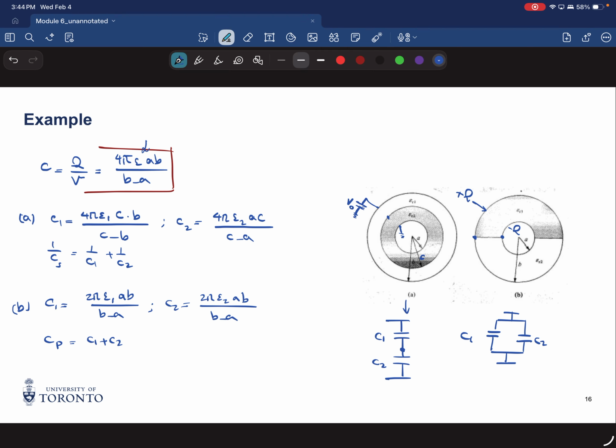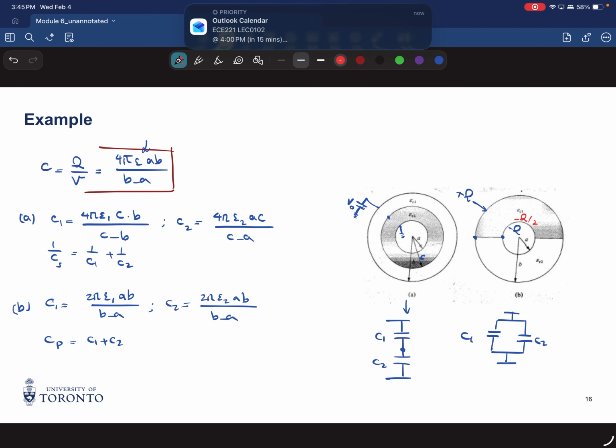Because if you have Q here, half of it would go here, and some of it would go here. Okay, but this is honestly too much.